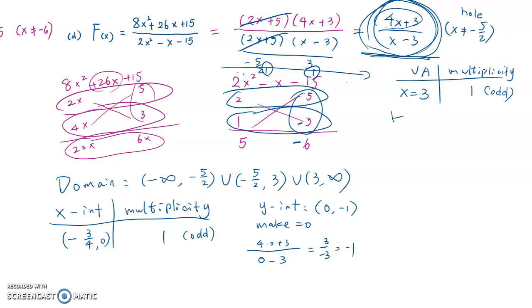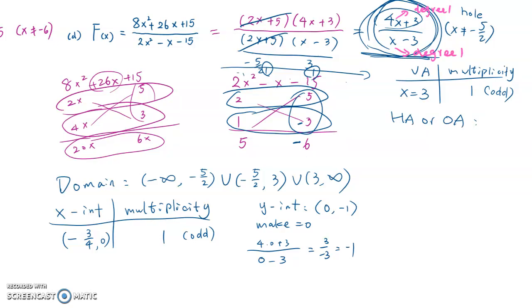Alright, and the horizontal asymptote or oblique asymptote. You will look at the degrees of the numerator and the denominator. If you look at the simplified version, the degree on top is 1, right? The degree of the bottom polynomial is also 1.